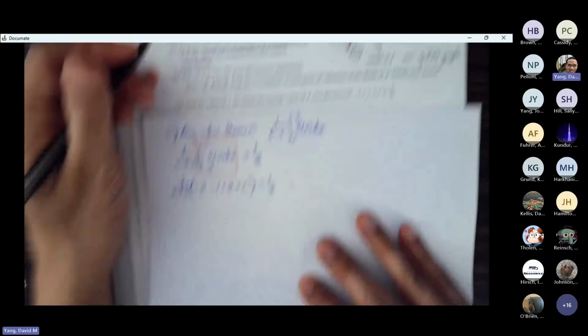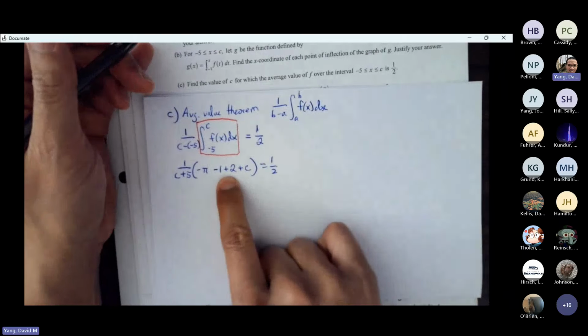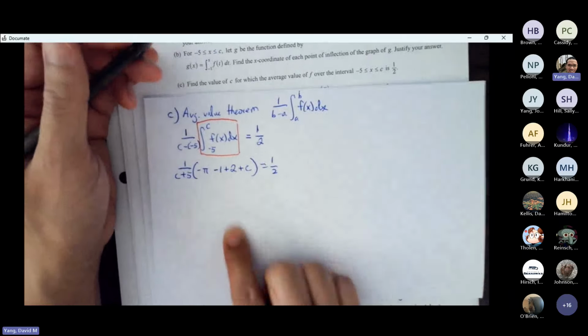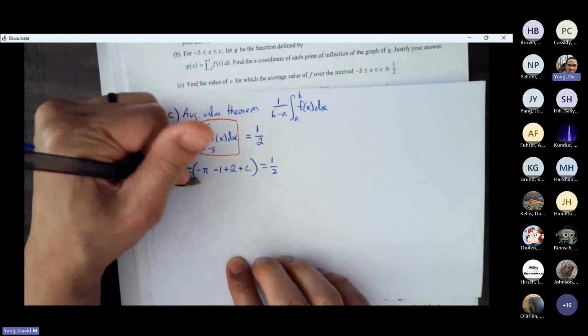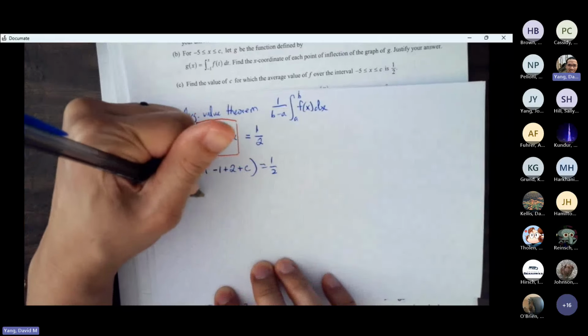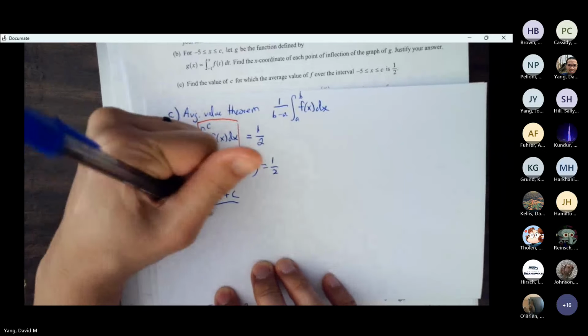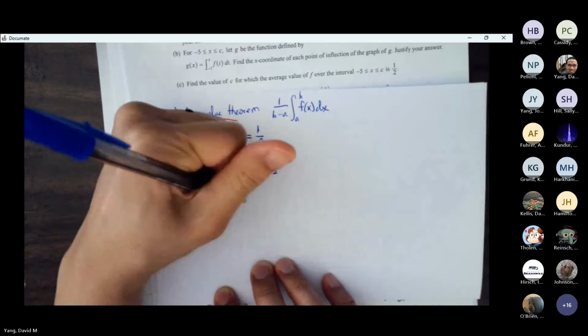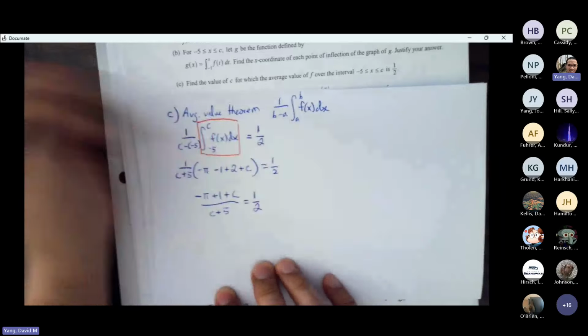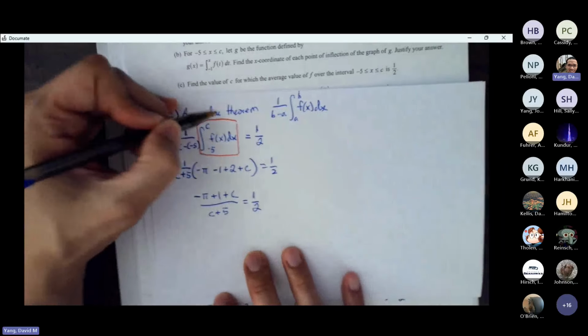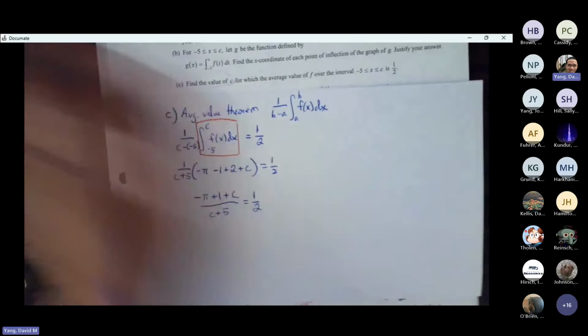Okay, so if I clean this up here, I'll get 1 minus pi plus C. I'm going to put this in the denominator under this parentheses here, so then I can maybe cross multiply. Because my whole goal now is to solve for C, right? It says find the value of C.